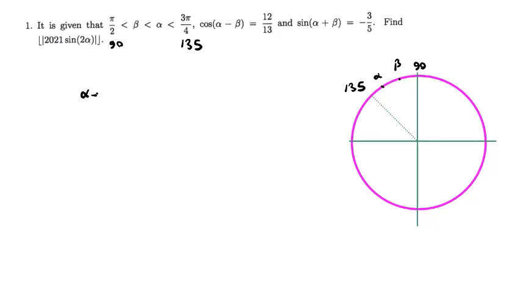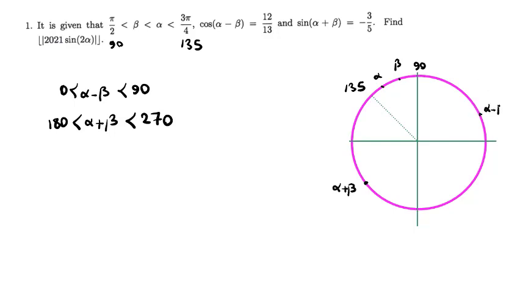So alpha minus beta is greater than 0 and less than 45, but here we only need less than 90. Alpha plus beta is greater than 90 plus 90 equals 180, and less than 135 plus 135, which is this. So we understand alpha plus beta is some point here, and alpha minus beta some point here.